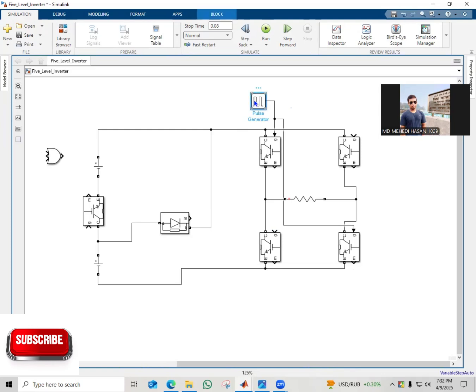S4 and S5 will be activated by another pulse. We also need another pulse generator. Okay, now we need to put values here.